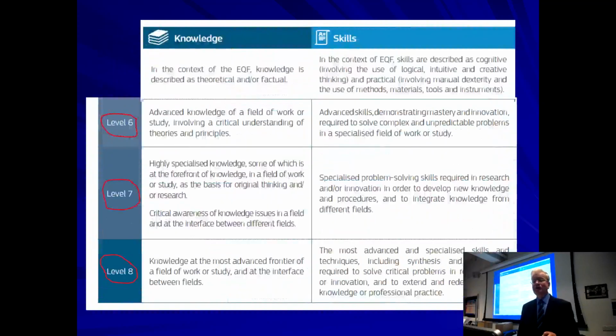And if we just zoom in on knowledge and skills, remember, it's level 6 for the European Qualifications Framework for a bachelor's. In Ireland, unfortunately, it's level 8, so we're a bit out of sync. It's level 7 for a master's and level 8 for a PhD in the European Qualifications Framework.